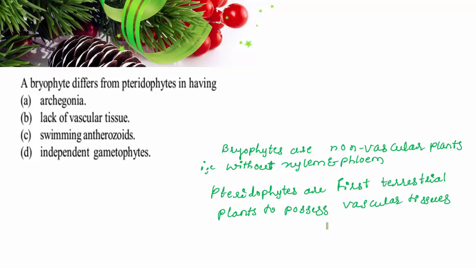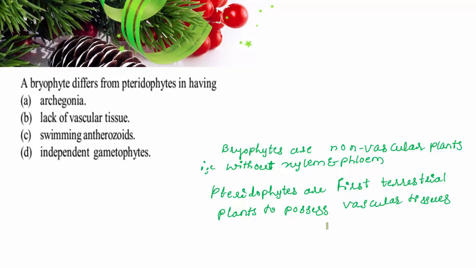A bryophyte differs from pteridophytes in having archegonia, lack of vascular tissue, swimming antherozoids, ovules, independent gametophytes. So what is the differential character of bryophyte from pteridophytes? In bryophytes and pteridophytes, archegonium is present, which is the female reproductive structure. Swimming antherozoids: the antherozoids swim in the water so that they can execute the fertilization.